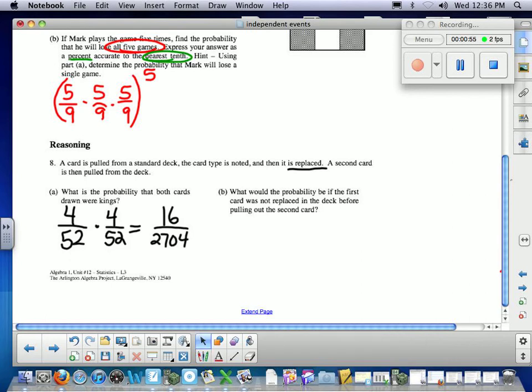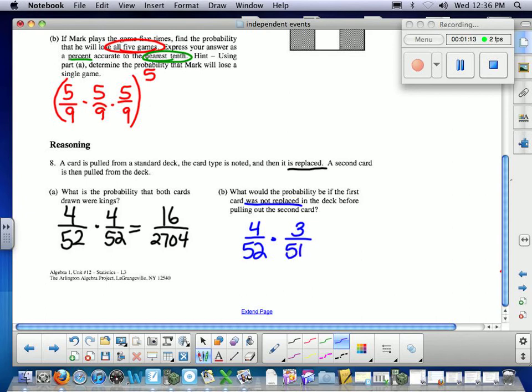All right. Option B, what would be the probability if the first card was not replaced? Okay, so we still start with our kings, and then we don't put that one back that we drew. Right, and we only have 51 cards left as well.